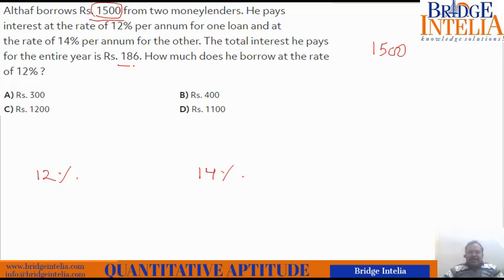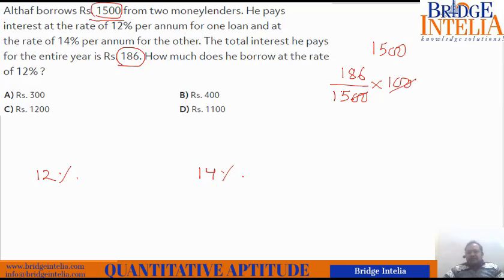He is paying back 186 as interest. So first you find out that 186 is what percent of 1,500? What is the effective rate of payment? Effectively he borrowed 1,500 and is paying back 186.